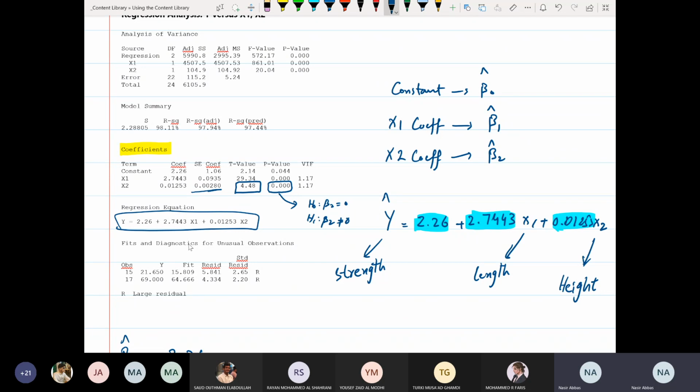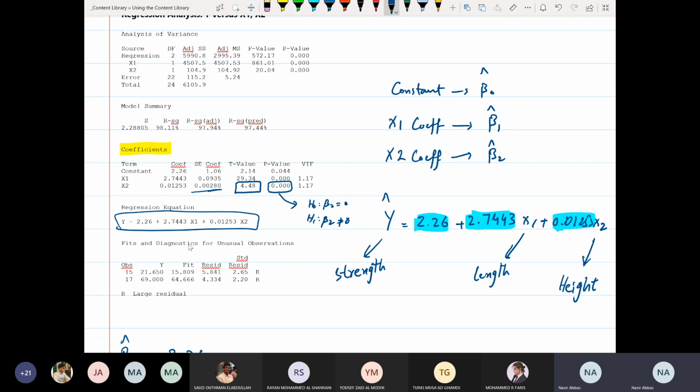So today what we did is we defined a multiple linear regression model. Number one, we discussed how we estimate the parameters of this model. We said they are coming from the Minitab output. We just run the command on Minitab and get the coefficients from there. Then we discussed how to interpret these coefficients.